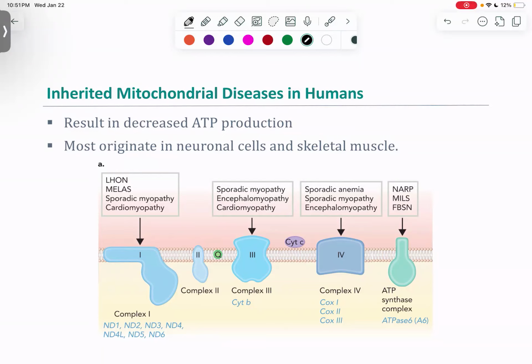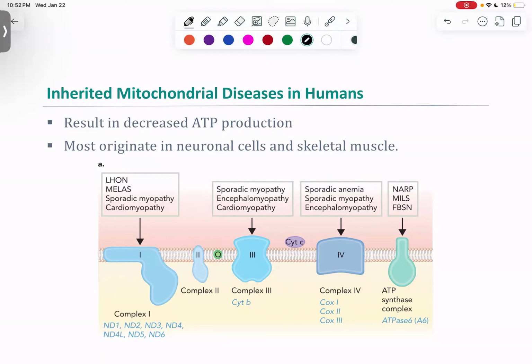The other thing to think about is that you're not just going to have one mitochondria. We have one nucleus in every cell, but we don't have one mitochondria in every cell. We have 10 to 1,000 mitochondria. And so the severity of the disease is going to depend on the ratio of normal to mutant mitochondria. How do you know which mitochondria are going to be affected or not?